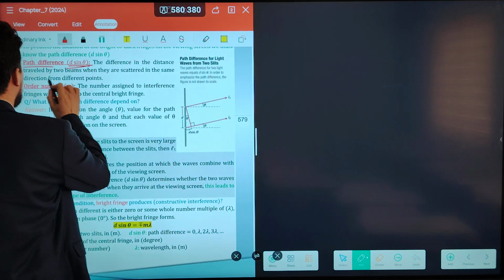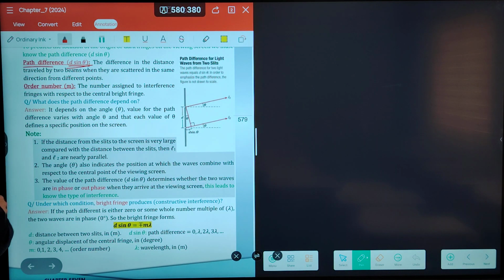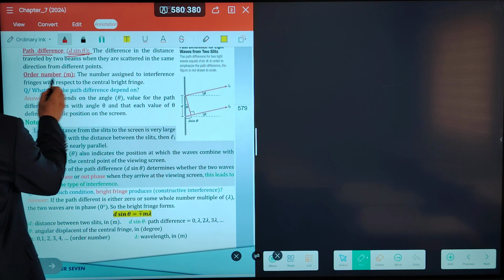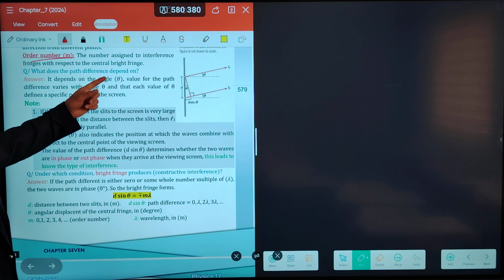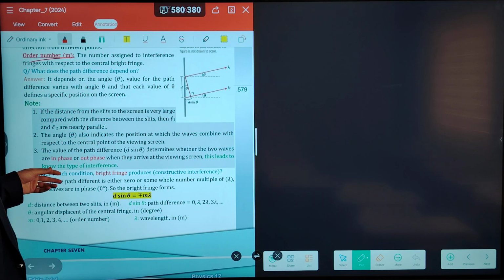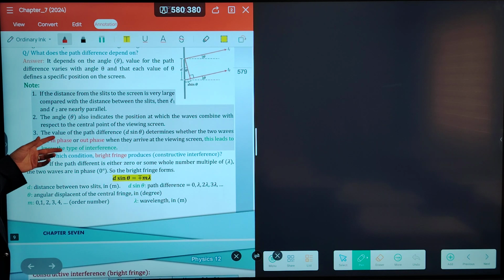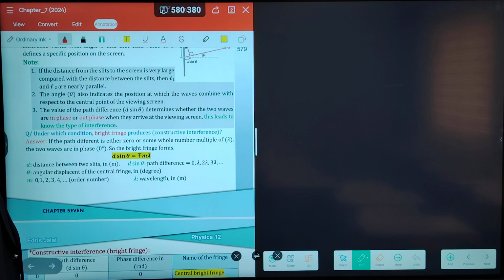The path difference is the difference in the distance traveled by the two beams when they are scattered or emitted in the same direction from different points, or it gives the number of the bright fringe and the dark fringe. What does the path difference depend on? It depends on theta and the slit separation of the two slits. If the distance from the slits to the screen is very large compared with the distance between the slits, L1 and L2 are nearly parallel.